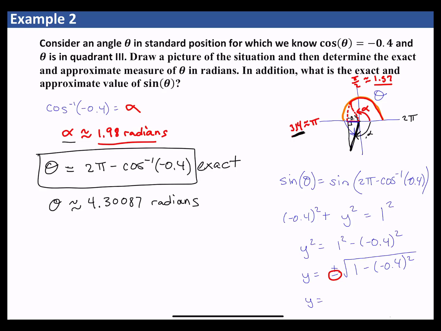So our exact value for y would be the negative square root of 1 minus negative 0.4 squared, which would be 0.84 in our square root, and that would be approximately negative 0.9165 for our y value.